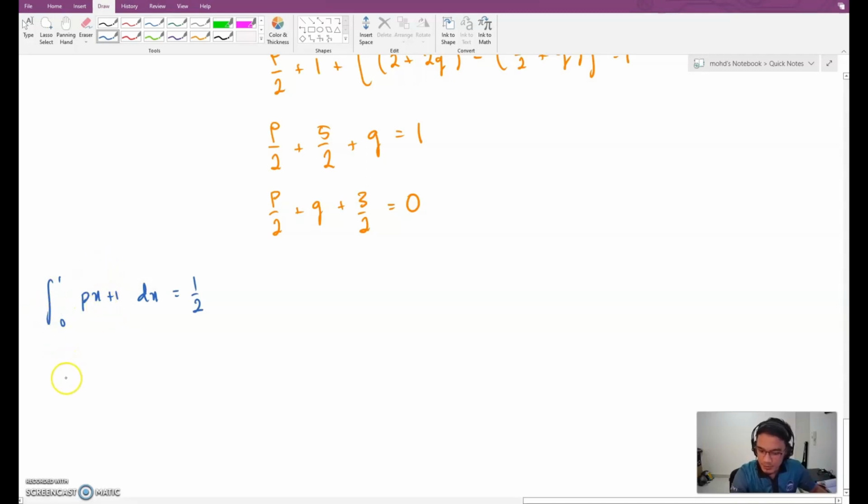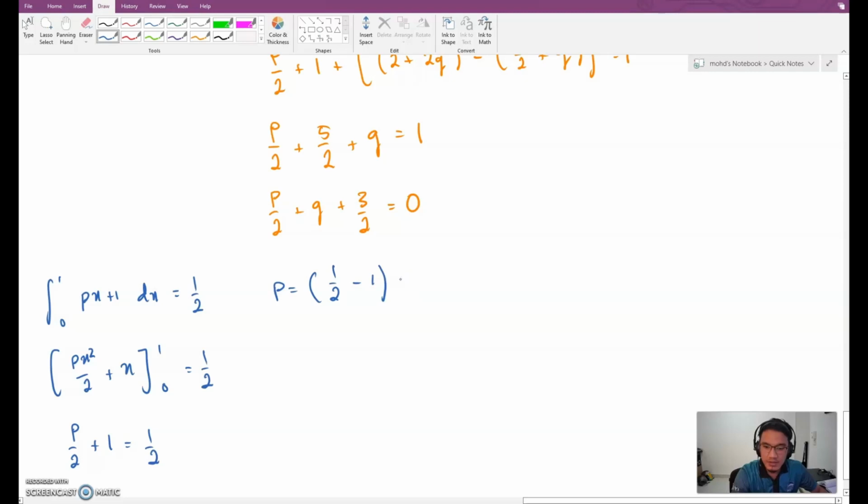So we do the integration: px squared over 2 plus x from 0 to 1 equal to 1 over 2. So p over 2 plus 1 equal to 1 over 2. Then p equals 1 over 2 minus 1, and multiplying by 2, the value of p is equal to negative 1.